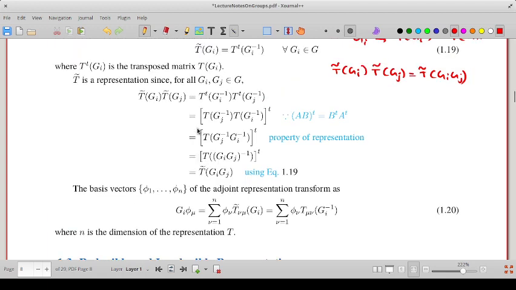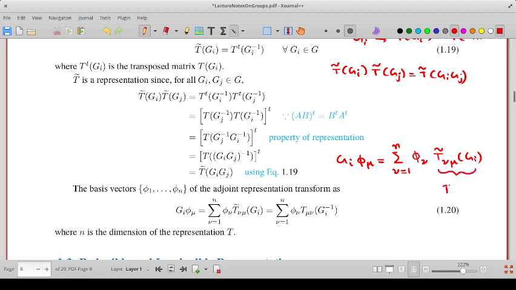So what are the basis vectors for this representation? Let phi 1, phi 2, up to phi n be the basis vectors for this representation. From our earlier rule for the transformation of the basis vectors, Gi acting on phi mu should be the linear combination given by the summation over nu running from 1 to n of phi nu times the representation matrices, denoted T tilde nu mu of Gi.